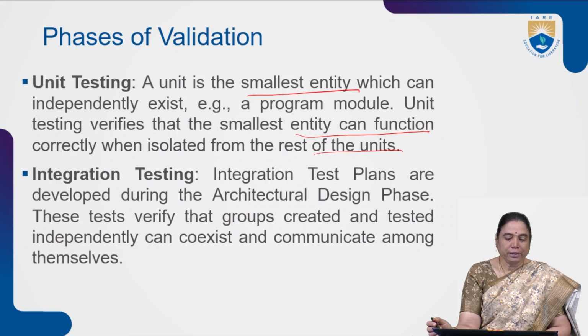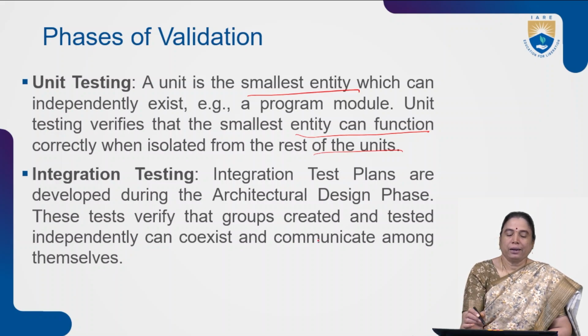Integration testing is the next phase in the validation cycle. The integration testing plans are developed during the architectural design phase. These tests verify that the groups created and tested independently can coexist and communicate among themselves.